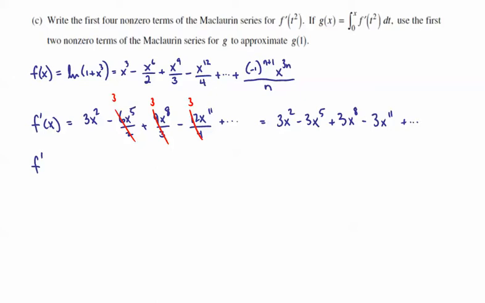The next step is to find f prime of t squared, where we're just going to replace x in f prime of x with t squared.